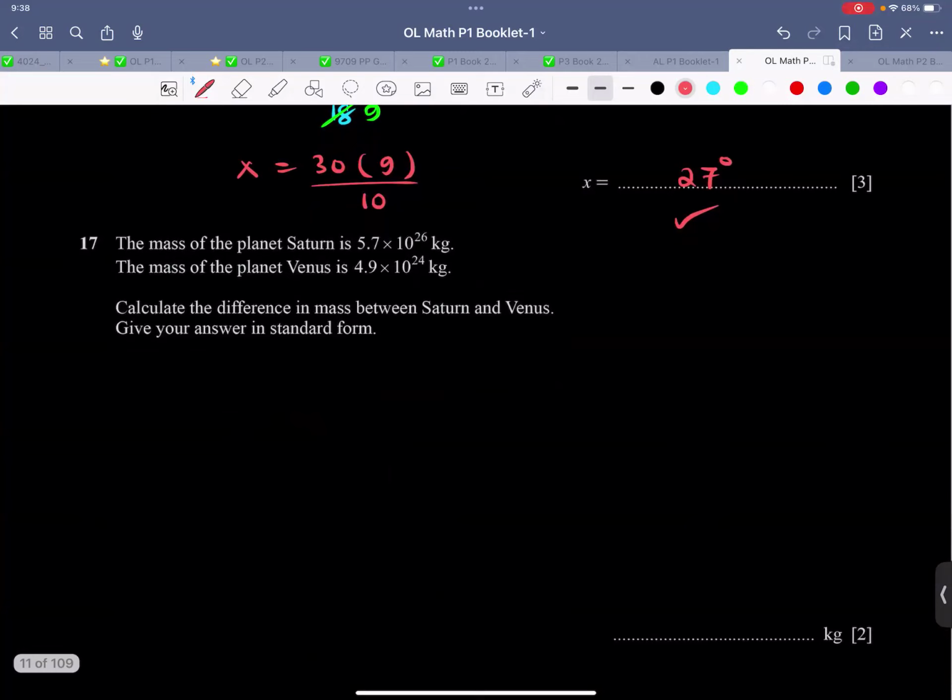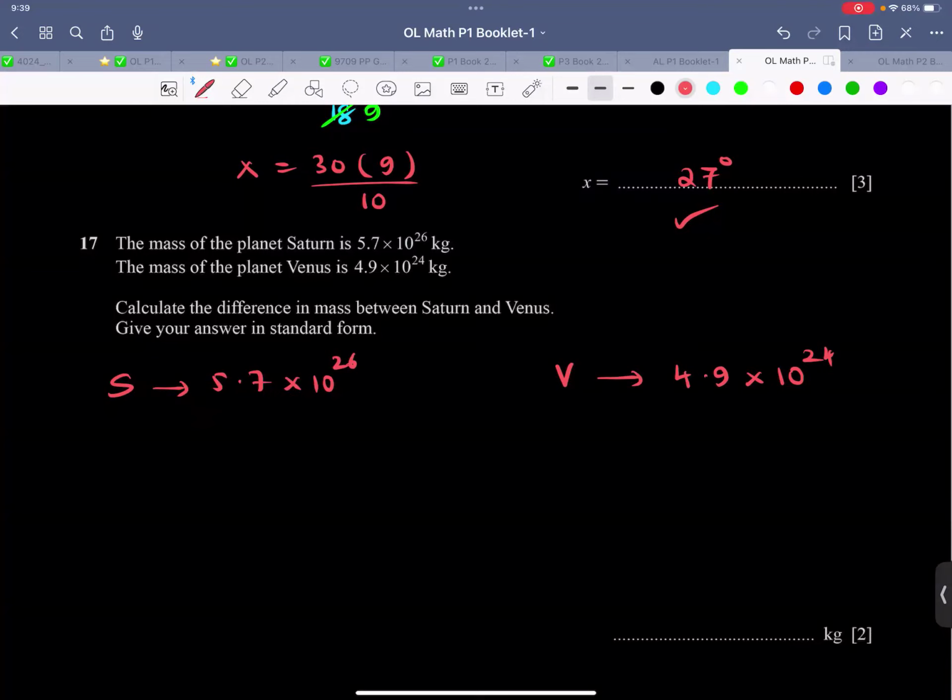Now this one: the mass of the planet Saturn is 5.7 into 10 to the power 26, and Venus is 4.9 into 10 to the power 24. Calculate the difference. The answer should be in standard form. It's not necessary that the middle steps should be in standard form.